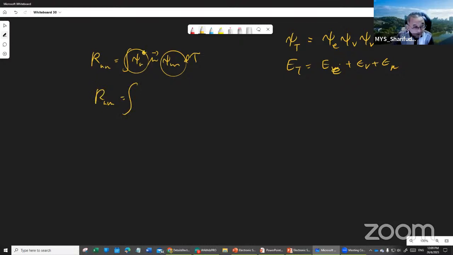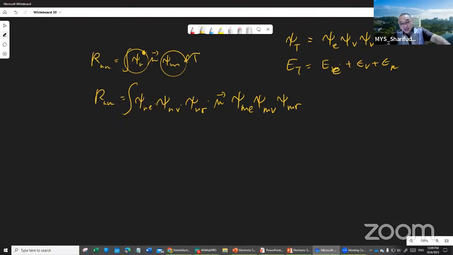ignore the star, assume that it's not a complex function. So we have psi n E times psi n V times psi n R, mu, psi m E psi m V psi m R. Right?